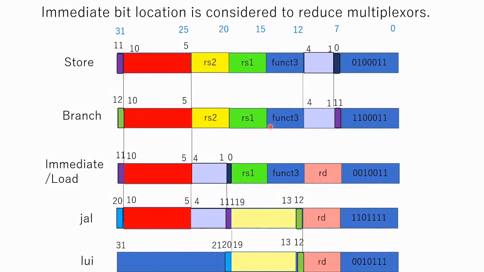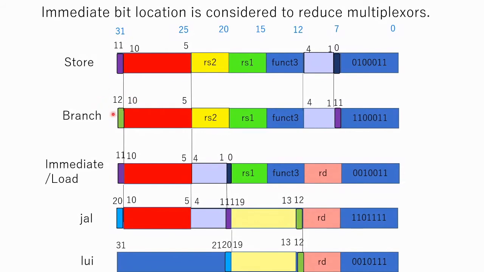Well, the immediate offset or branch target address is the most confusing issue for students. They are divided, and the location of bits is shuffled. For example, the branch target is separated into 4 sections.